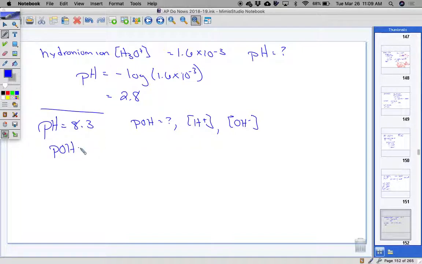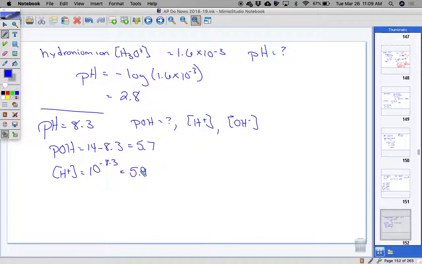So the pOH is 14 minus the 8.3. What does that give us? 5.7. How are we going to find the H plus? Use the other formula, 10 to the negative 8.3. So what is that? It is 5 times 10 to the negative 9.